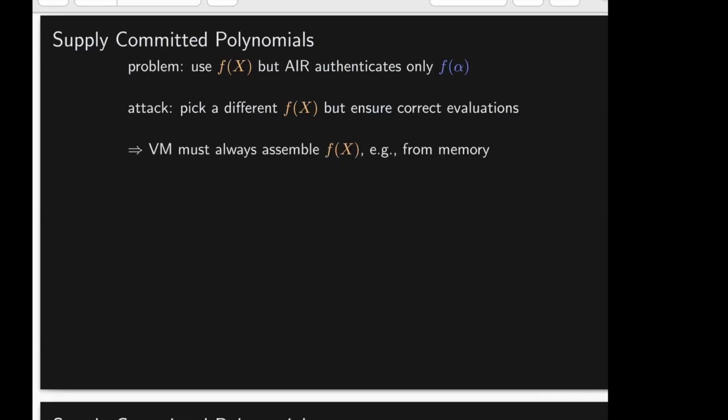And the only way that we think we can get around this is to always ensure that we assemble the polynomials coefficient by coefficient, either from memory or from input or from some specific table whose only purpose of existence is committing to polynomials. There has to be one cell somewhere in the algebraic execution trace for every coefficient of this polynomial.